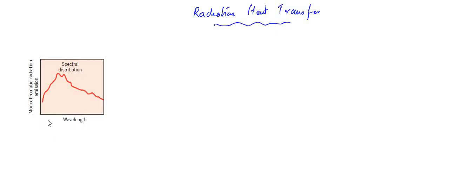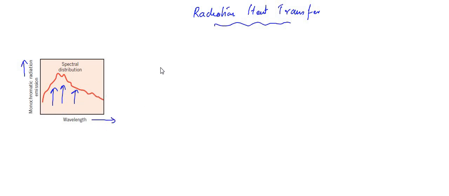You can look at the power of the monochromatic radiation emission. The magnitude of the radiation emission changes with respect to the wavelength, because the wavelength changes in this direction, and the magnitude of the monochromatic radiation emission changes in this direction. So basically that depends on the wavelength.